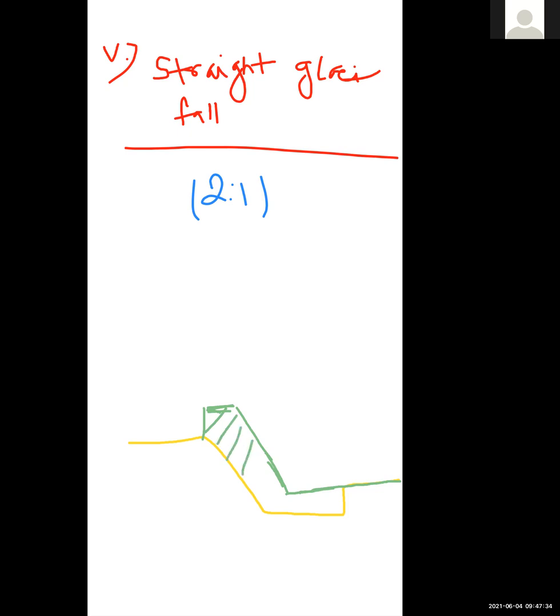This portion is shown as the glacis fall, a straight glacis fall. And water flows in this manner. This is the bed level of the river. Here also the flow is in a straight manner, as straight as possible.